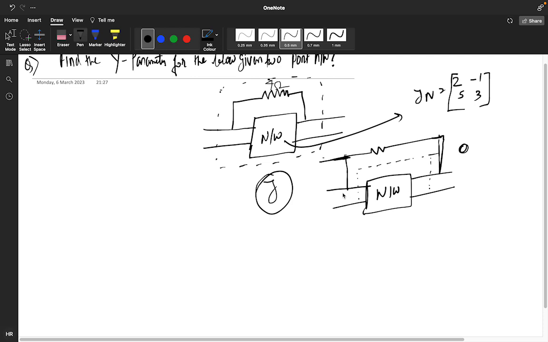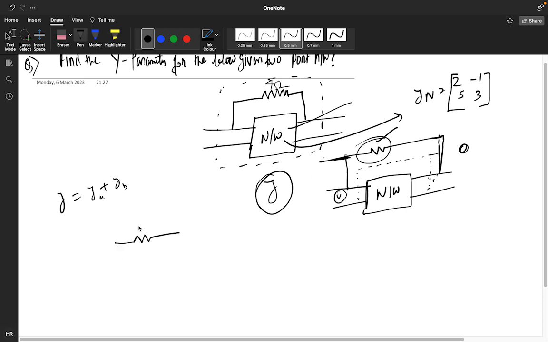What you are seeing is a parallel combination, isn't it? In a parallel combination, Y is getting added, Ya plus Yb. So if you find the two port parameters of this, you will be able to solve these questions very easily.